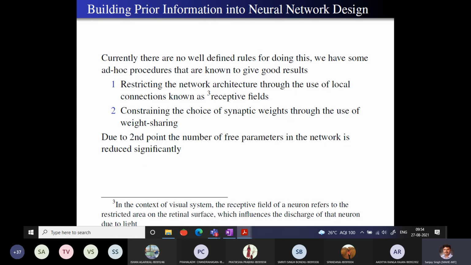Out of 20, let's say 5 weights are fixed or constrained and shared accordingly. Then the number of learning parameters will reduce, to much less than 20. You don't have to learn those things. This is what I mean to say: the number of free parameters in the network is reduced significantly.